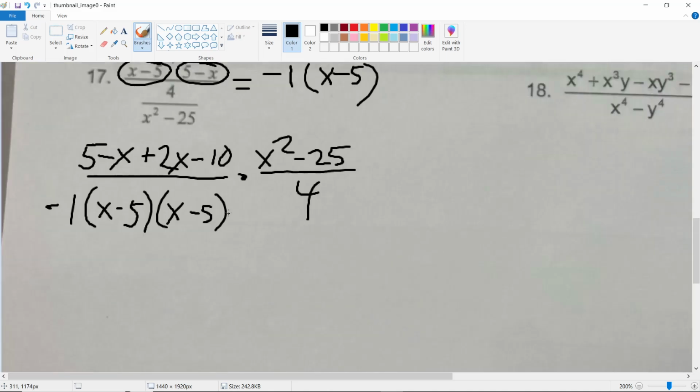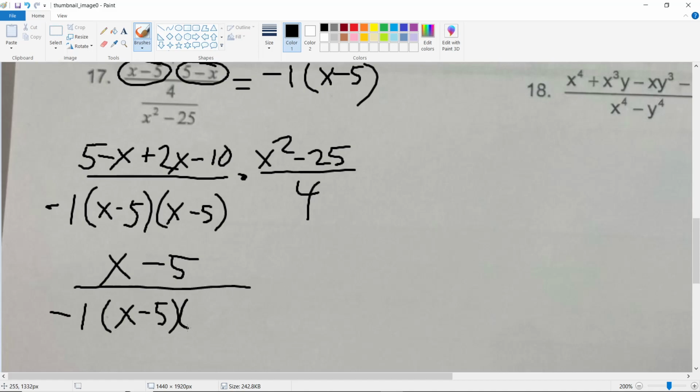All right, there's more work I can do on this. I can add like terms. 2x minus x is x. Negative 10 plus 5 is minus 5. And on the bottom I have negative 1 times x minus 5 times x minus 5.